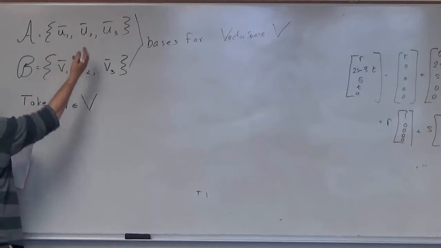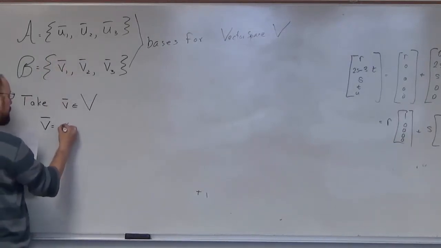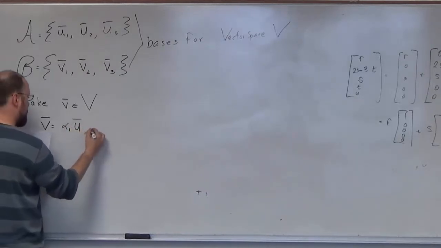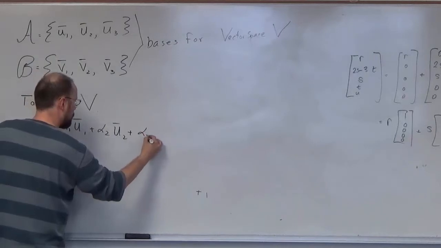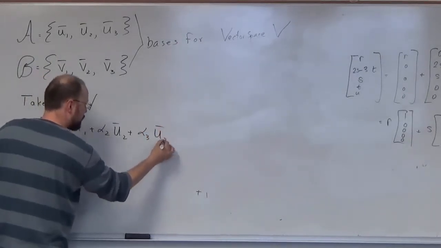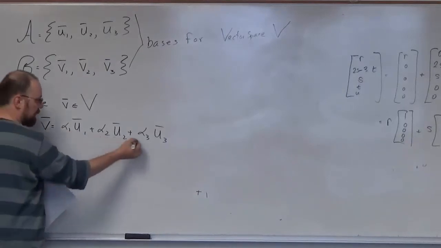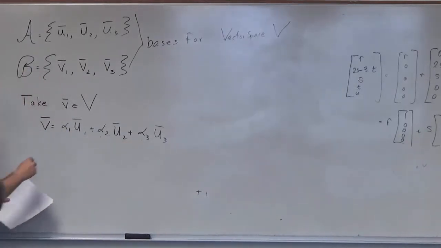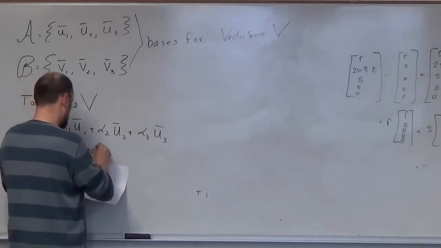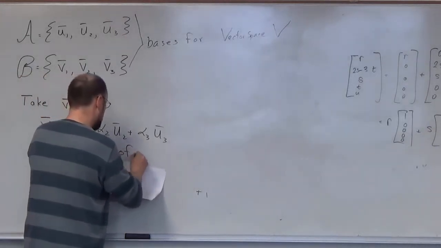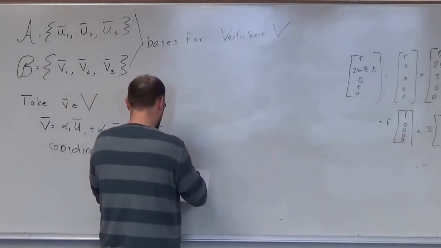Because by definition, every vector in this space can be expressed as a linear combination of the basis elements. So we know that this vector can be expressed as a linear combination of the u's. And the coefficients in that linear combination are called the coordinates of the vector V relative to the basis A.